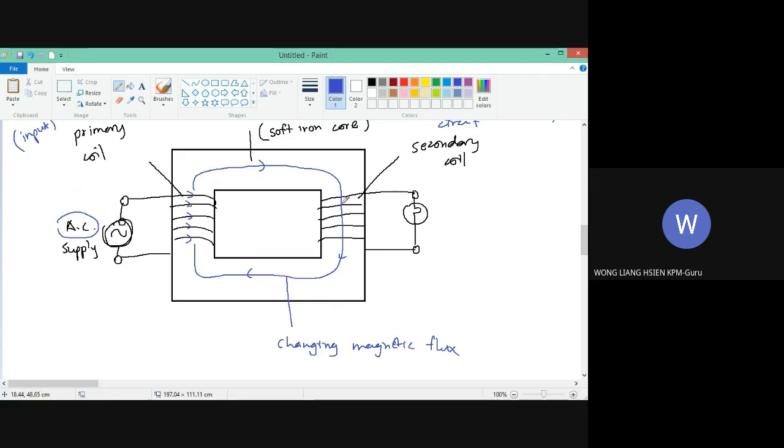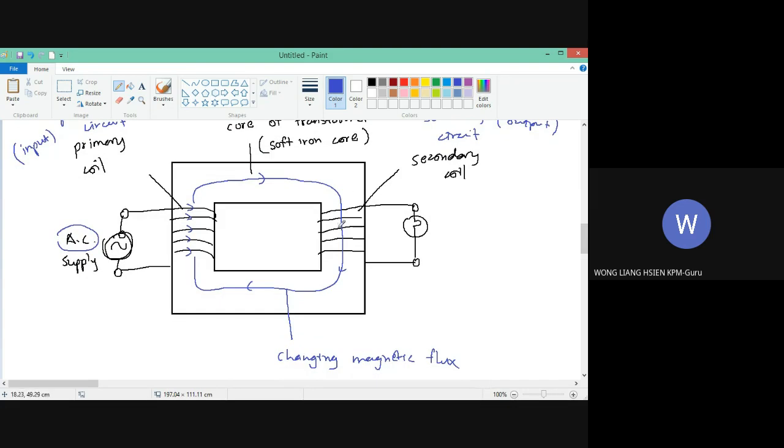The induced EMF will push the charge to flow, so in the secondary coil you have induced current. This is how the electrical energy can transfer from the primary coil to the secondary coil. Okay, now.